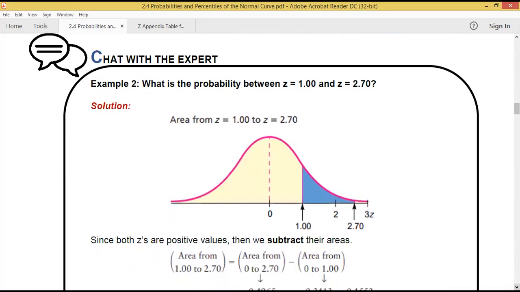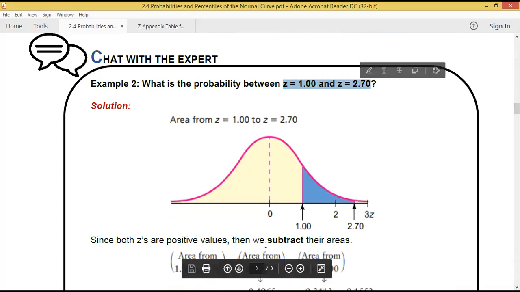Next, example number 2. What is the probability between z equals 1 and z equals 2.70? Let's review what we have learned in the previous lesson. Rule number 1. If we are looking for the probability or for the area from a positive value to another positive value, then we subtract their areas.